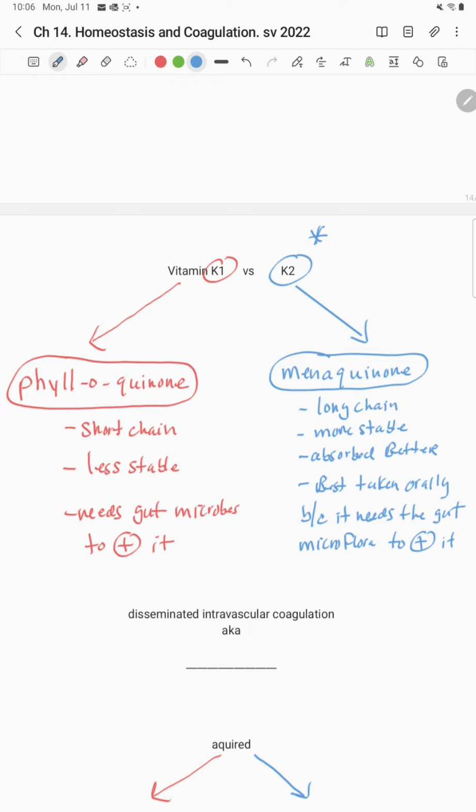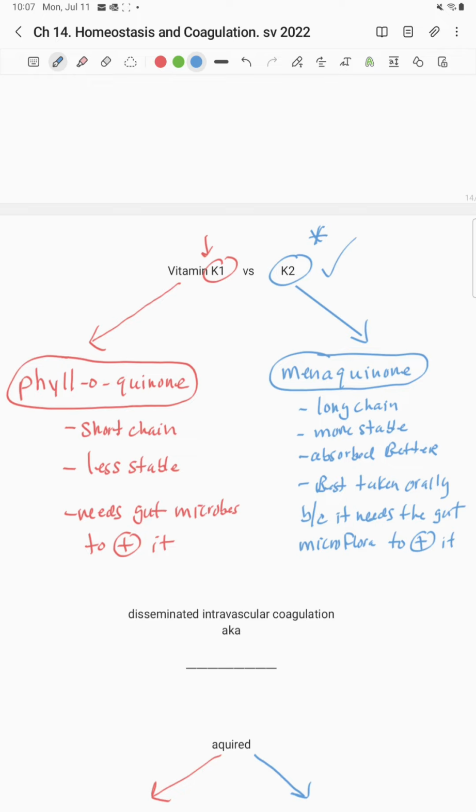Okay, so even for infants, they typically give the K1 shot, which is, it's like meh. First of all, it's a shot, so it's bypassing the gut, and K1 is just not as good as K2. So if you're going to take a vitamin K supplement, K2 is the best, even for the infants, the newborns. You'd have to request it.